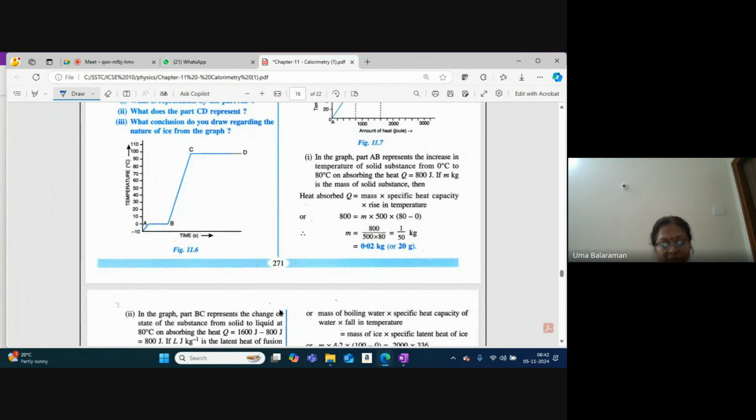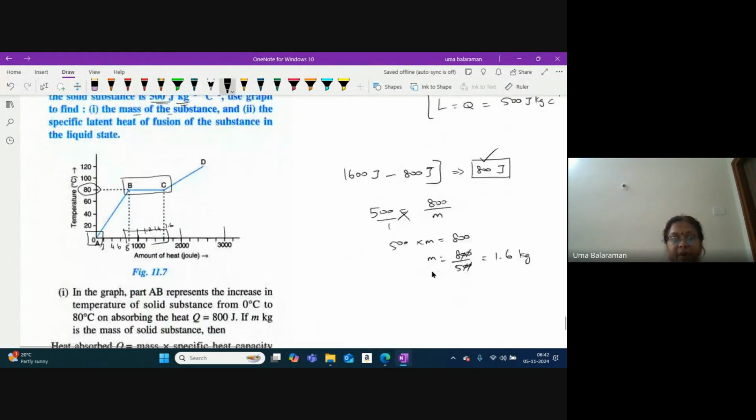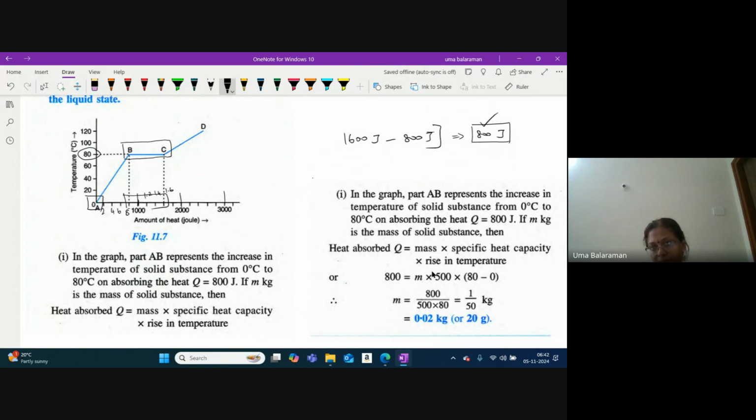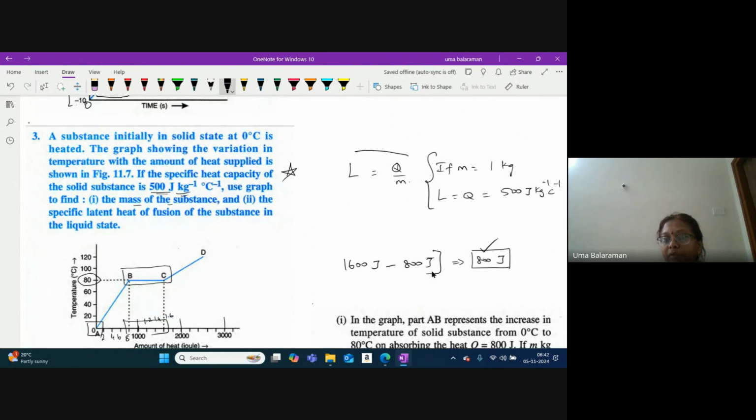We are using the first chapter formula, the first part formula. Sorry about this. 800 joules is correct. Why not 1.6? Okay. So they're using Q equal to mc delta T. See, we have to use the other form only during phase change.